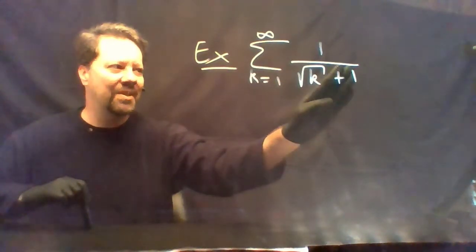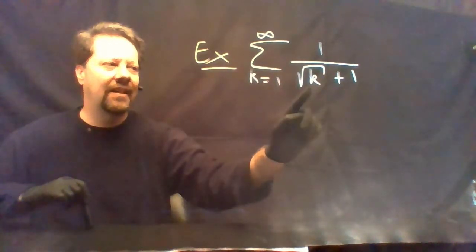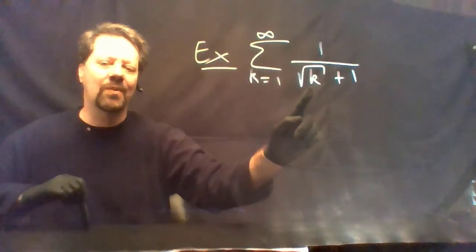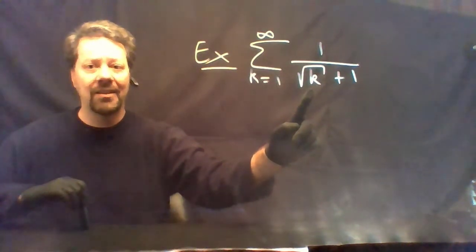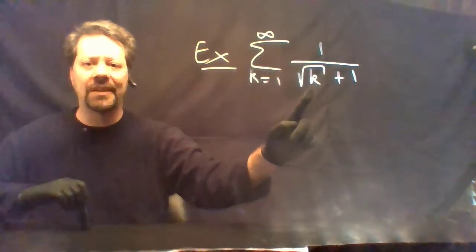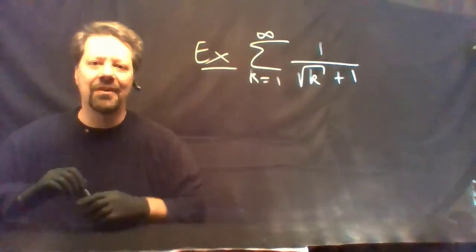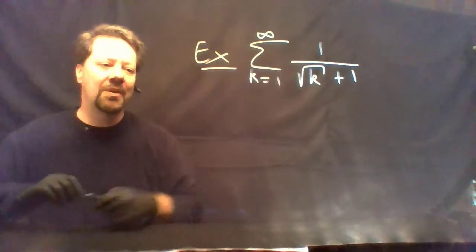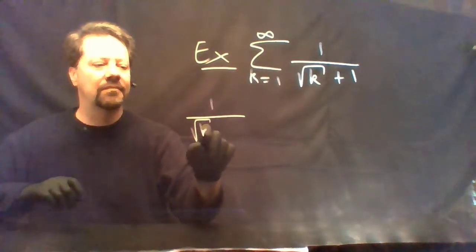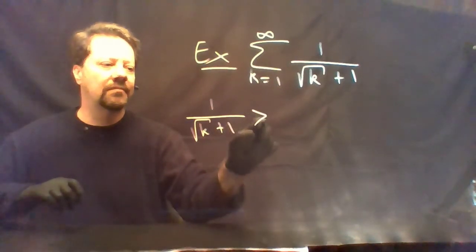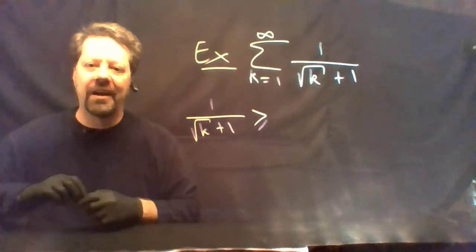If you ignore the small stuff, the plus 1, it looks like a p-series with p equals 1/2. Since 1/2 is less than or equal to 1, you suspect that maybe this series will diverge. It should probably diverge. We need to use something smaller that we can prove diverges.